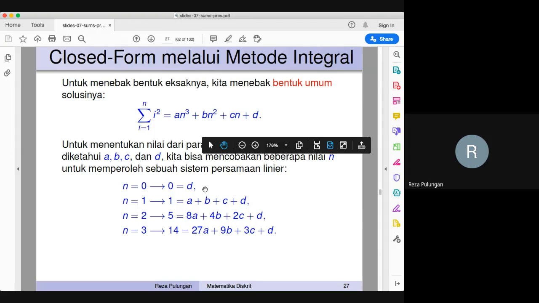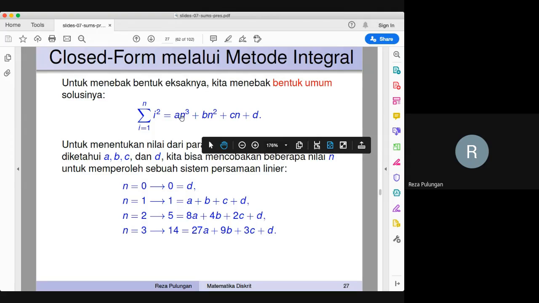Okay, let's try the next one. n is equal to 1. So i is equal to 1 until 1, and then i to the power of 2, so 1 to the power of 2, which is equal to 1. The left hand side is equal to 1. What about the right hand side?